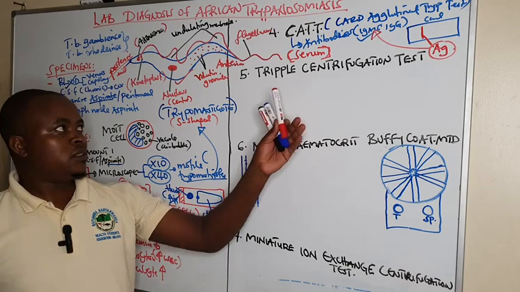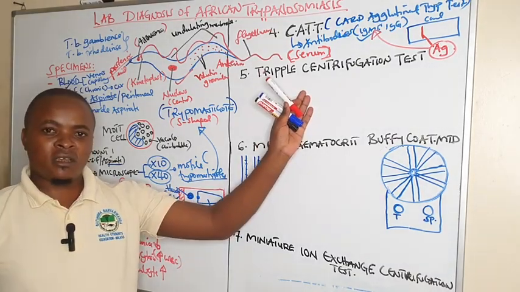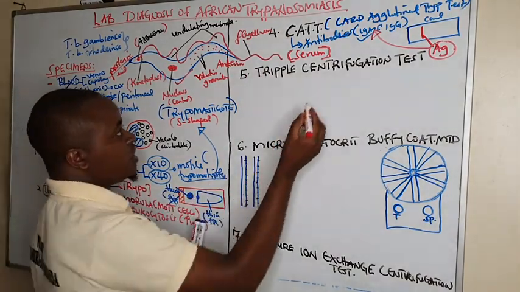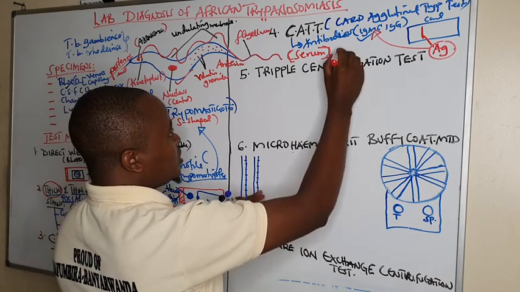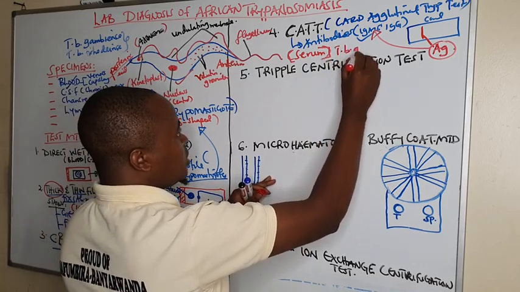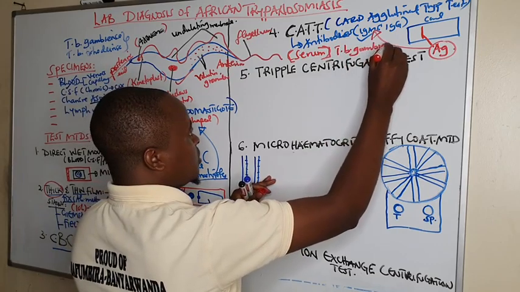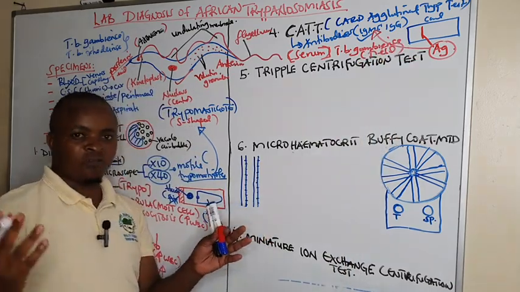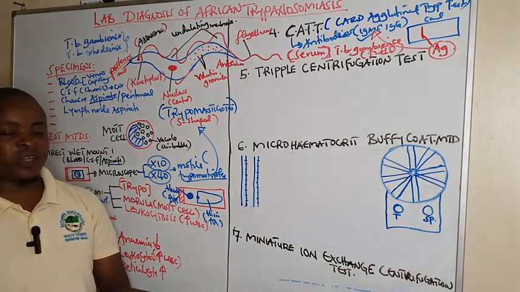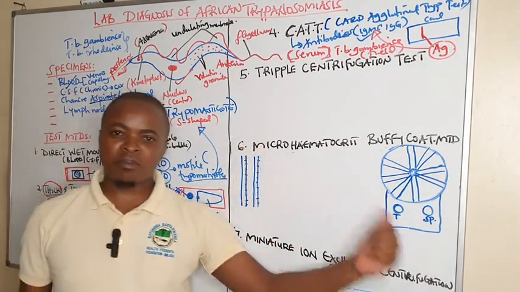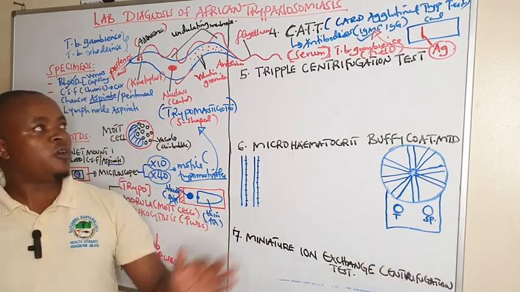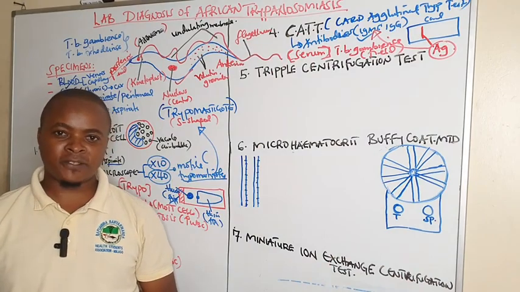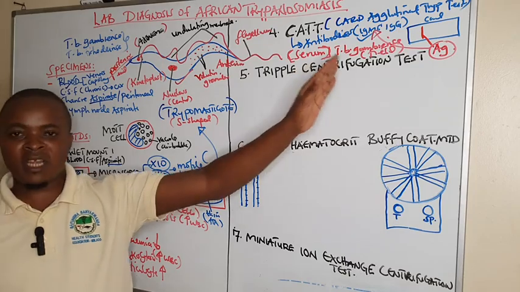Though currently we are using advanced techniques like ELISA, this CATT was originally used for diagnosis of Trypanosoma brucei gambiense, especially when you go to the field where there is a large number of patients. You can easily screen them to find out if they are positive or negative by using this card agglutination trypanosomiasis test, so that you know they are positive or negative.